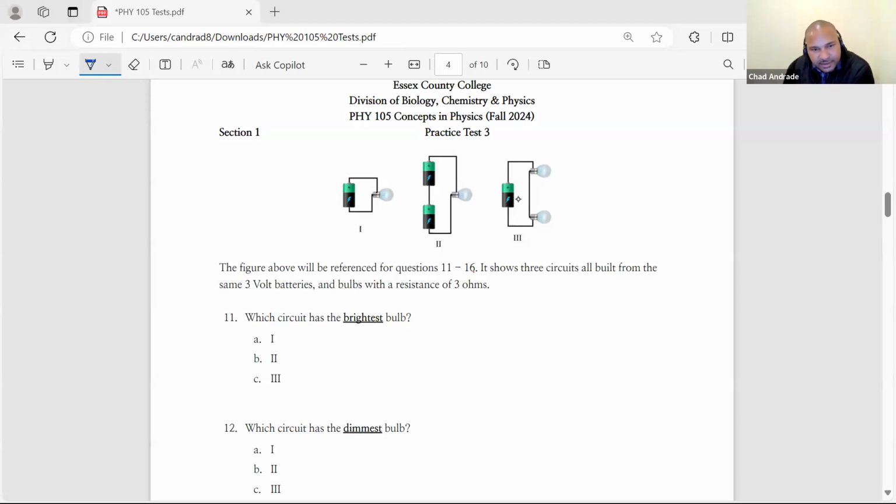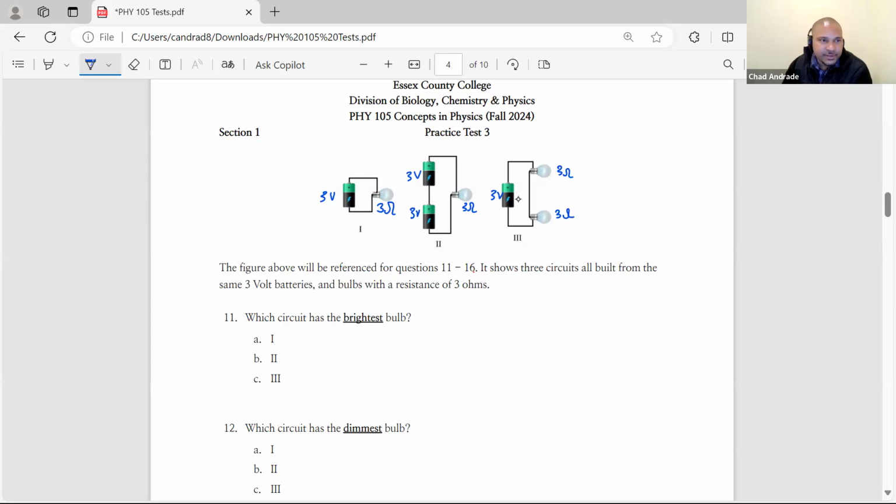What that means is that this is a 3-volt battery, these two are 3-volt batteries, and this is also a 3-volt battery. And then it also says the bulbs are the same. So the bulbs are 3 ohm bulbs. The symbol we use for ohm is the omega symbol. So it's 3 ohms, and these two are also 3 ohms.